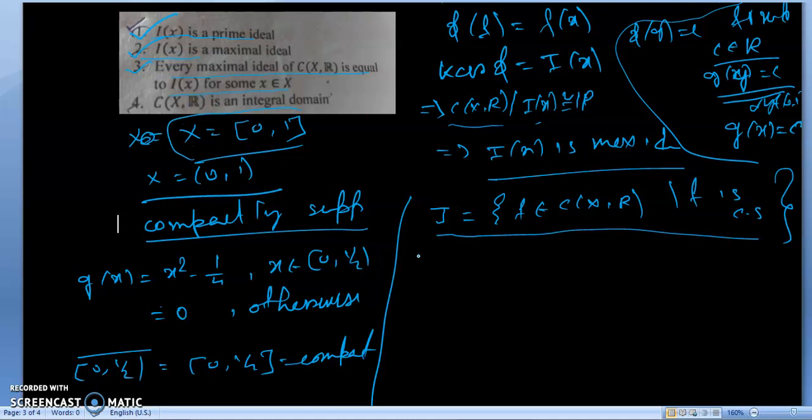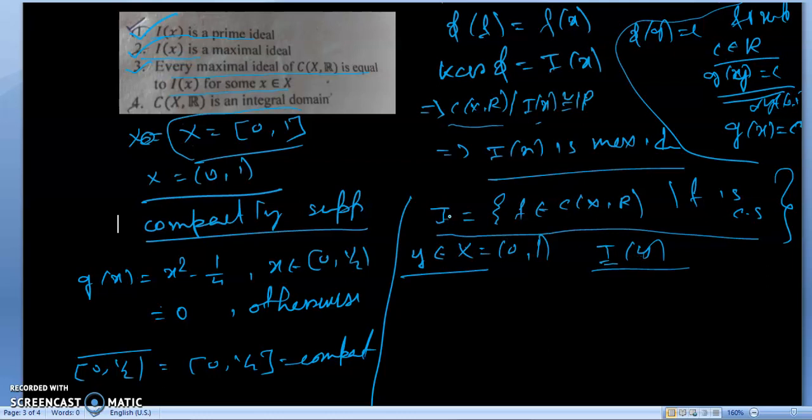So let's take any arbitrary element y belonging to X, and let I_y be the corresponding ideal. Now J is not contained in I_y.